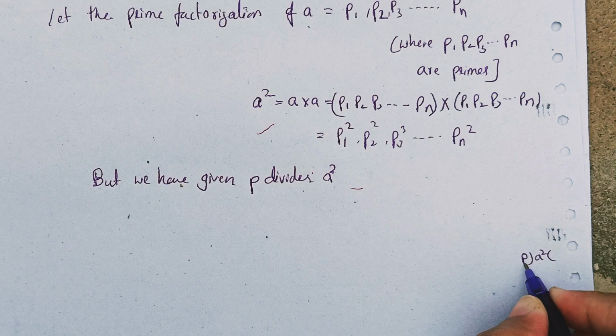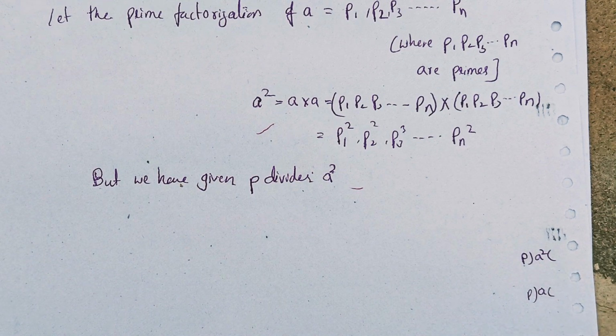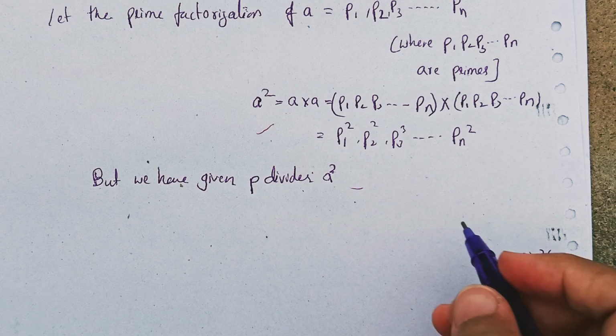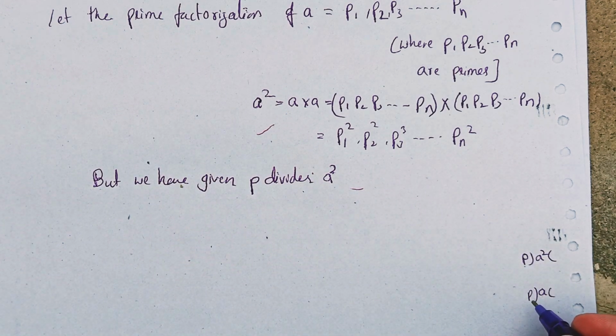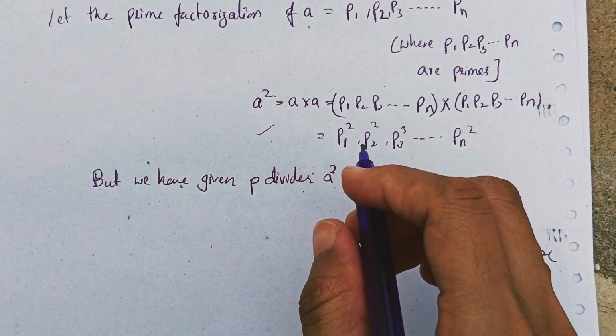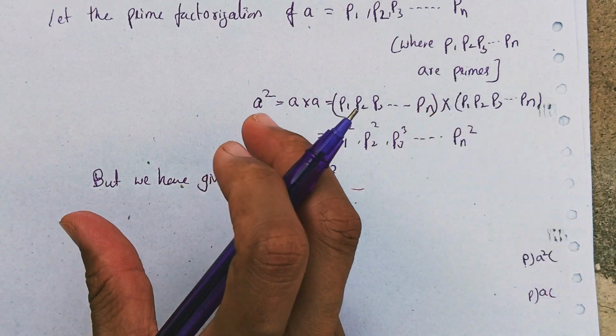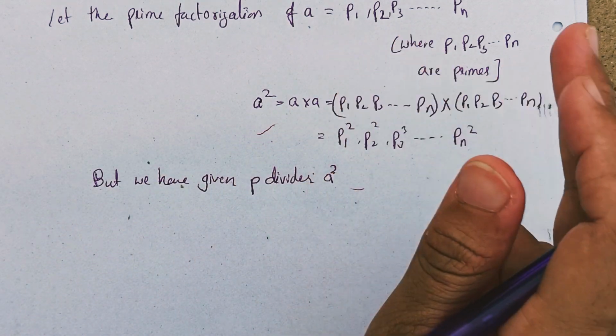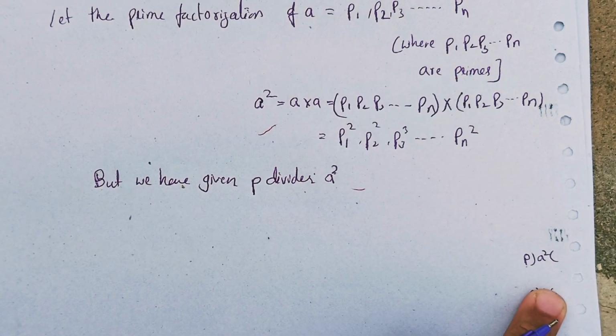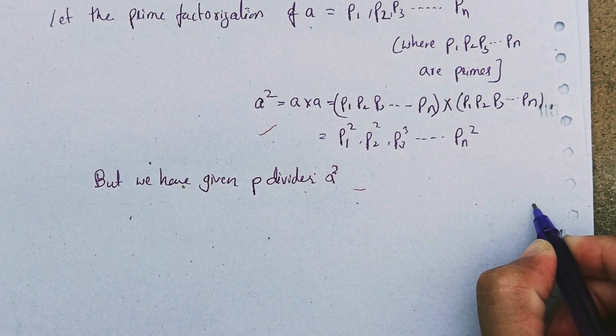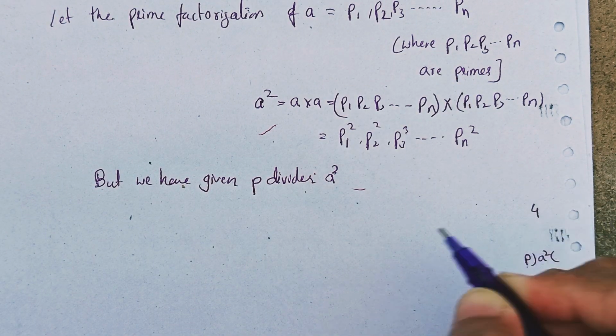So if a square is divisible by p, then a is also divisible by p. Why? Because we have seen in the fundamental theorem of arithmetic, which says every composite number is a product of prime factors. Suppose let me take 4, which is a composite number.